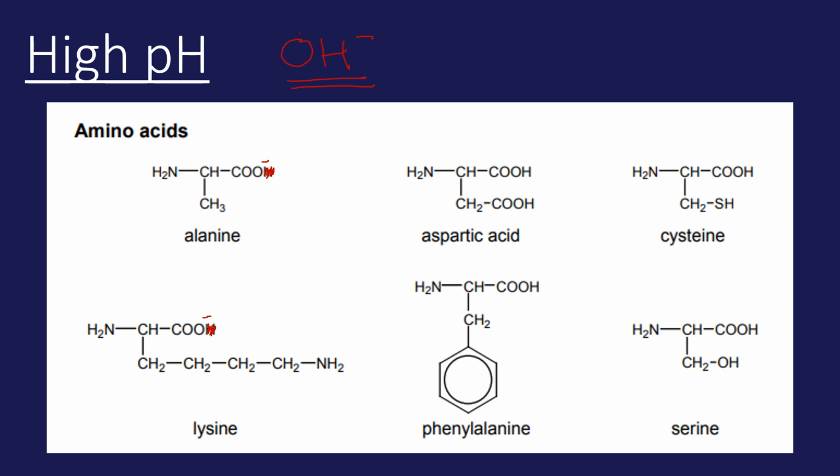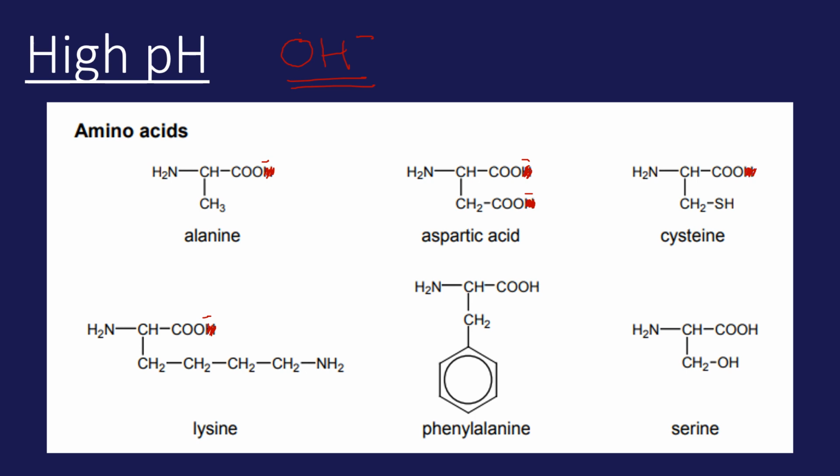Let's go to aspartic acid. Right, well, the carboxylic acid in the amino acid will donate a proton. Remember, check your side chains. There's an acid in this side chain, so both acid groups donate the proton. Let's have a look at cysteine over here.